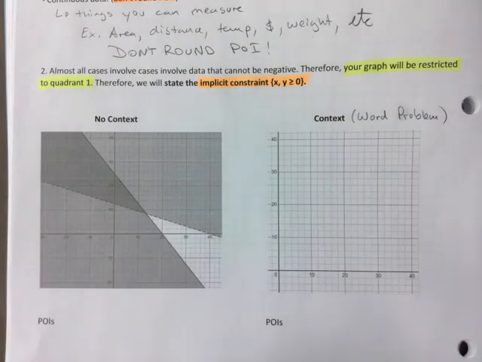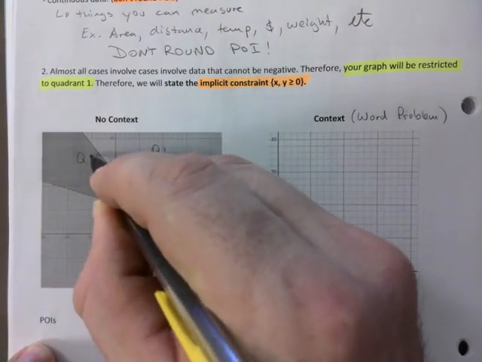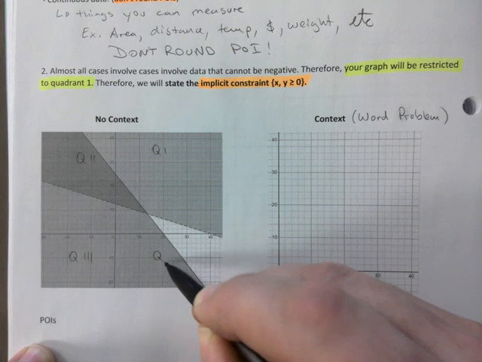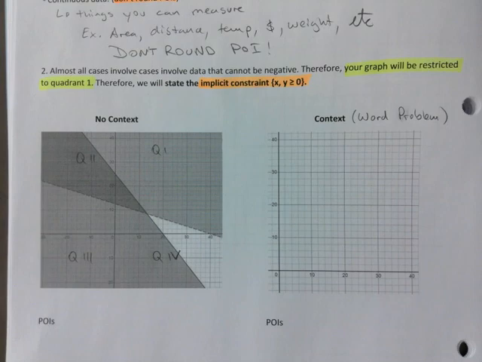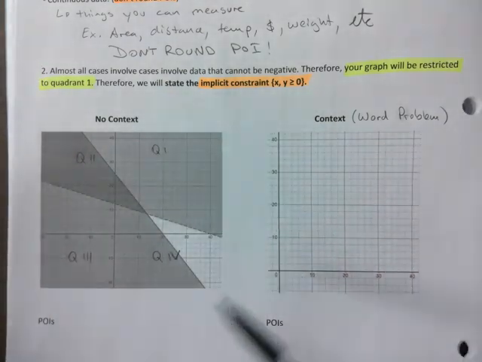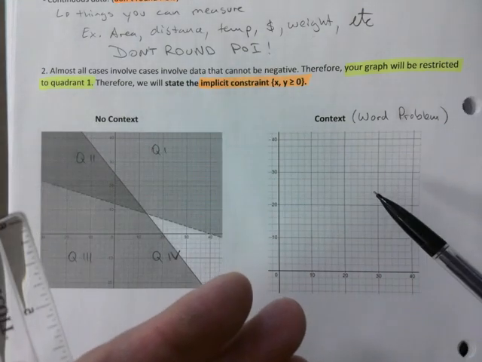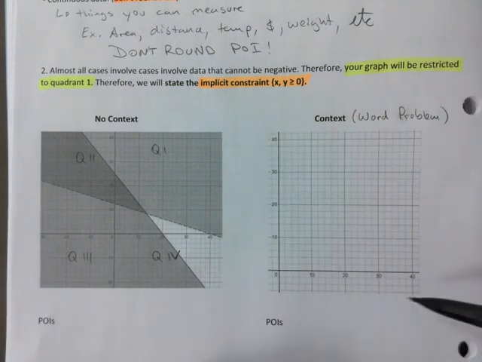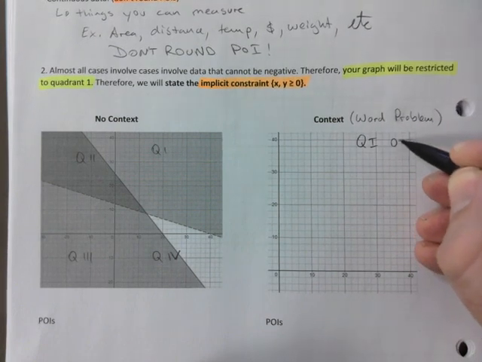When we don't have a word problem, it's all 4 quadrants: quadrant 1, quadrant 2, quadrant 3, and quadrant 4. Like your calculator actually would not know the difference, is what your calculator would show you. But when it's a context, this is not acceptable. Anything out here is not acceptable. Quadrant 1 only.